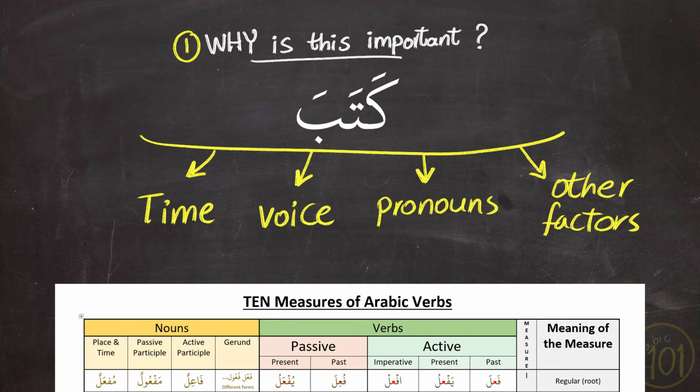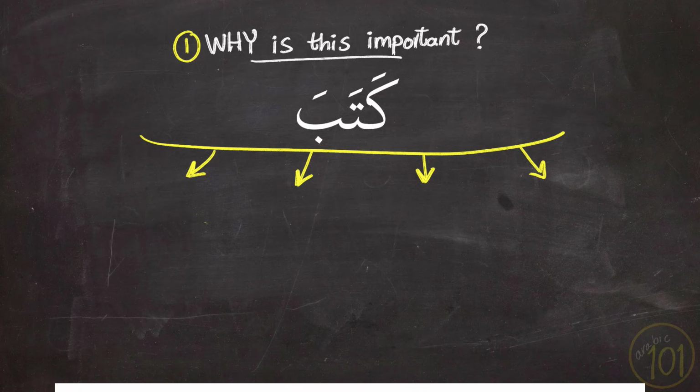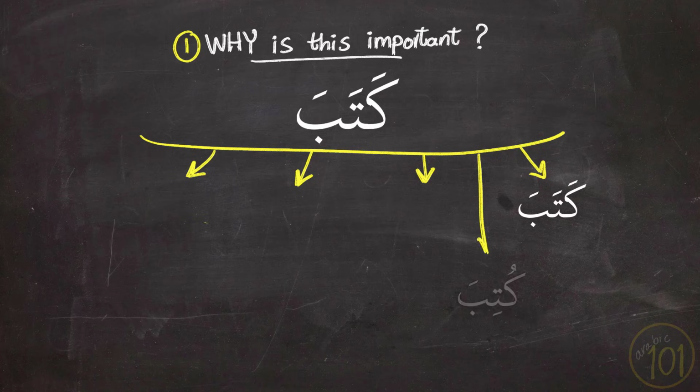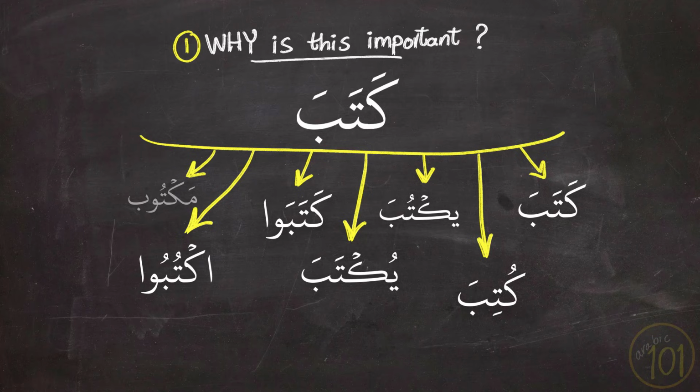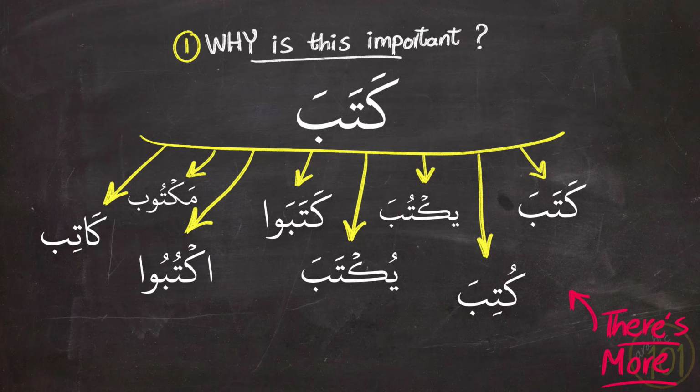It can be found in the Quran as kataba, kutiba, yaktubu, yuktabu, katabu, uktubu, maktub, and also katib. And in fact, these are not all the variations of that verb. So imagine if you have to learn every single variation to know their meaning. That is very hard, of course.